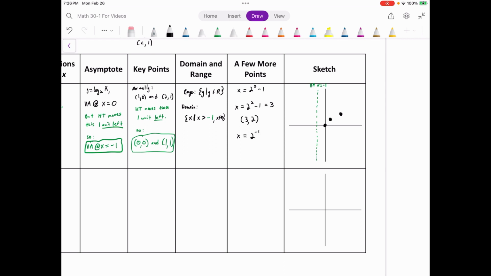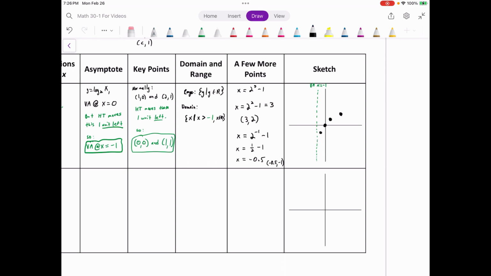So I'm going to make y -1 and figure out what x is. Well, when y is -1, we've got 2 to the -1, which is 1/2, minus 1. So x will be -1/2 or -0.5. There's another point. When x is -0.5, y must be -1. So that gives us a point we can put into our graph, somewhere around there.